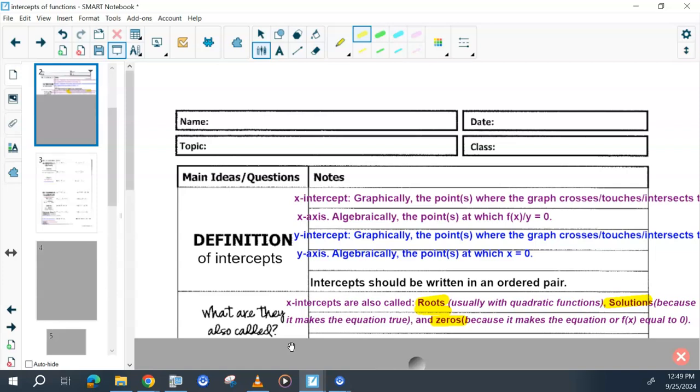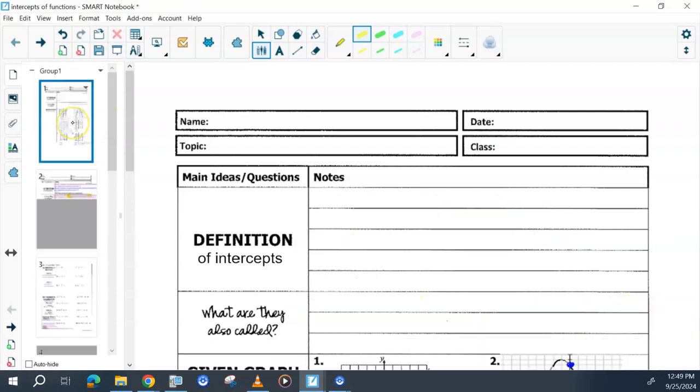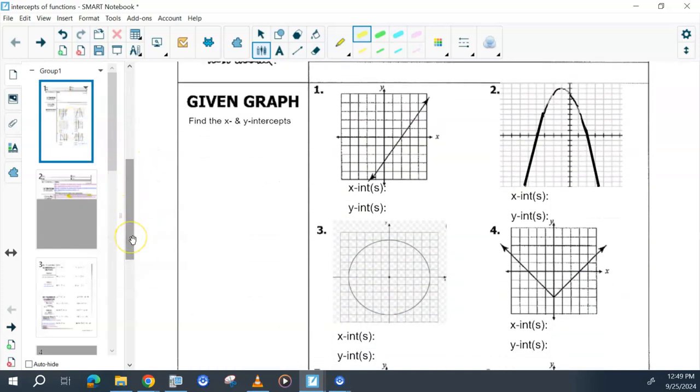Okay. We're going to look at the graphs now. So for number 1, where does this line cross the x-axis? At what point? 2.